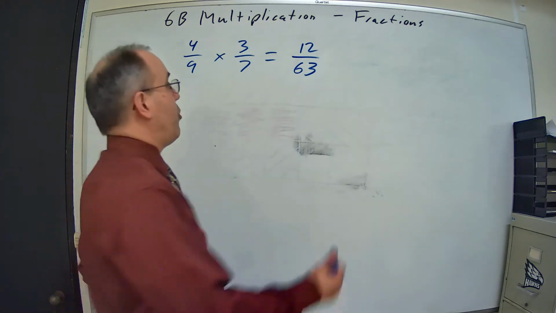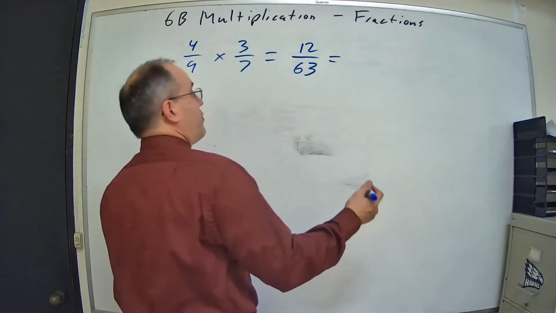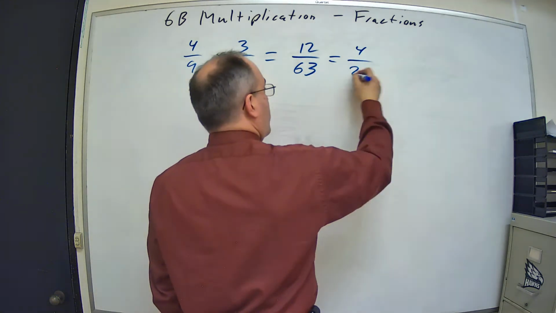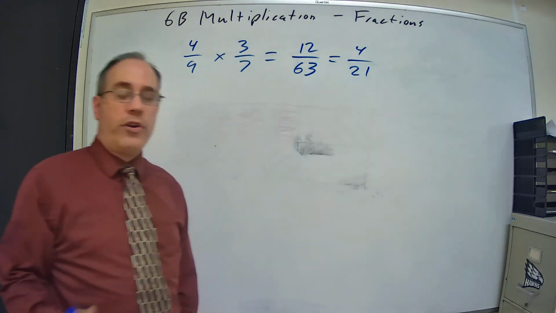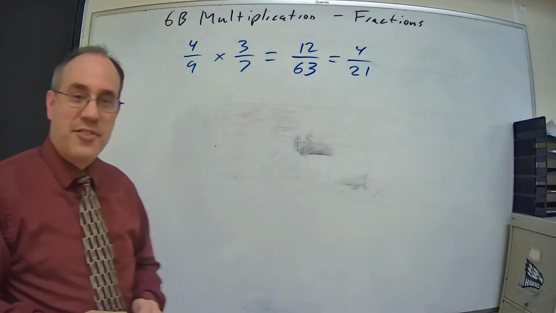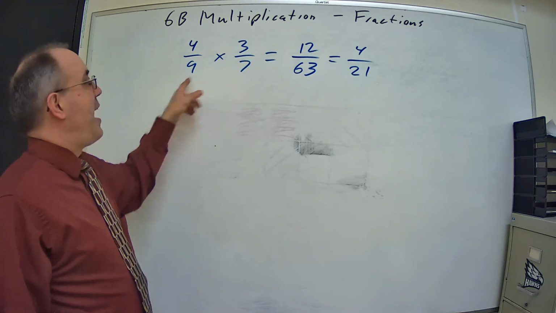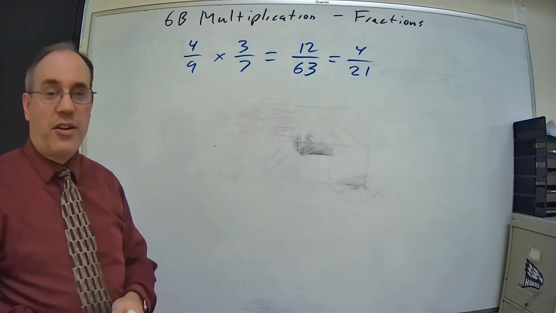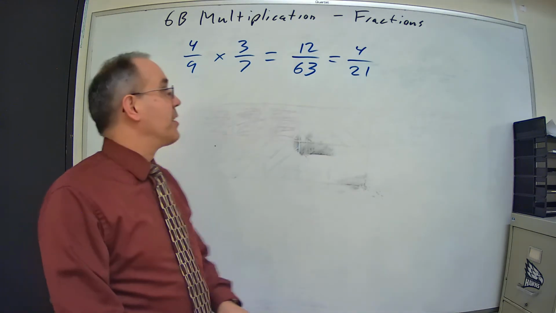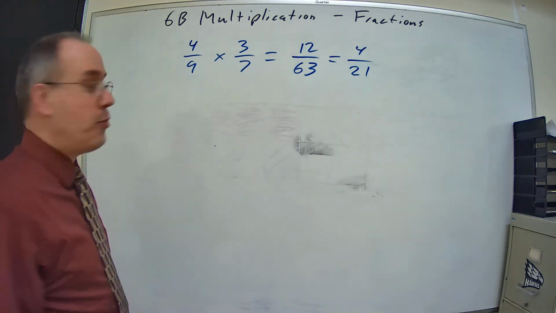So I'm going to divide both of them by 3. 12 divided by 3 is 4. 63 divided by 3 is 21. So you get 4 21sts. That wasn't so bad, was it? If we were adding or subtracting, we would have had to find a common denominator and put the work into that. But in this case, we did not.